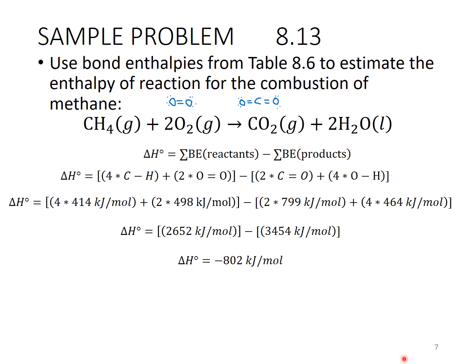We're familiar with that being exothermic, so this seems to make some sense. So this reaction releases 802 kilojoules of energy per mole of methane that you were to burn. So yeah, this is how we would go about estimating the enthalpy of a reaction using these average bond energies or average bond enthalpies.